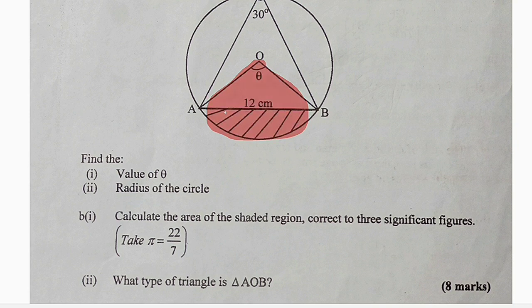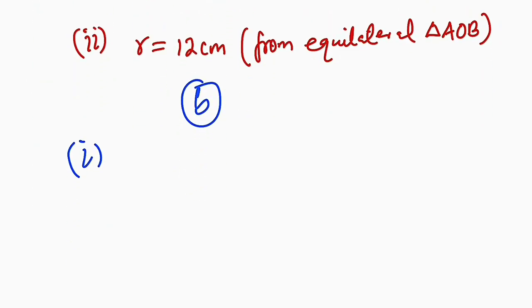After you have obtained the area of the sector, you need to find the area of this triangle. Then you subtract the area of the triangle from the area of the sector. Just observe, what is left is the shaded region. So that's what we need to do. So that particular area we are looking for is equal to the area of the sector minus the area of the triangle.